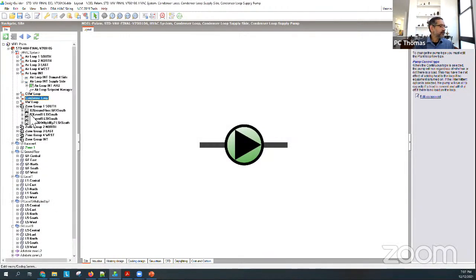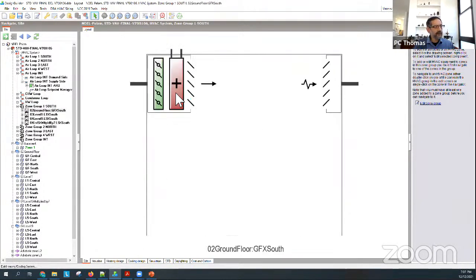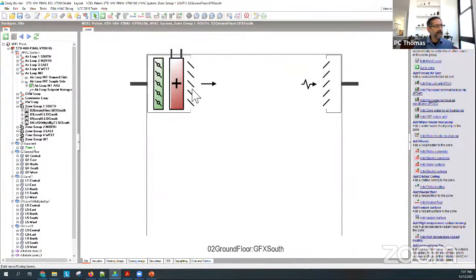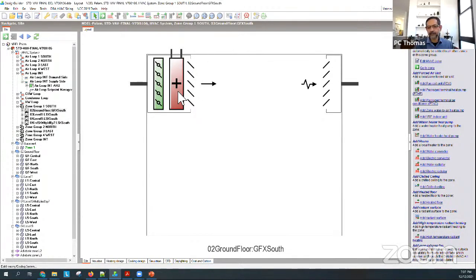In the zone group, now we're using a VAV system. This VAV register, variable air volume register, has got a reheat coil on it. Some don't, some do. Your system, you can decide which one you want. You've got all these components over there. If you've got a radiant heating system, you can put it there.